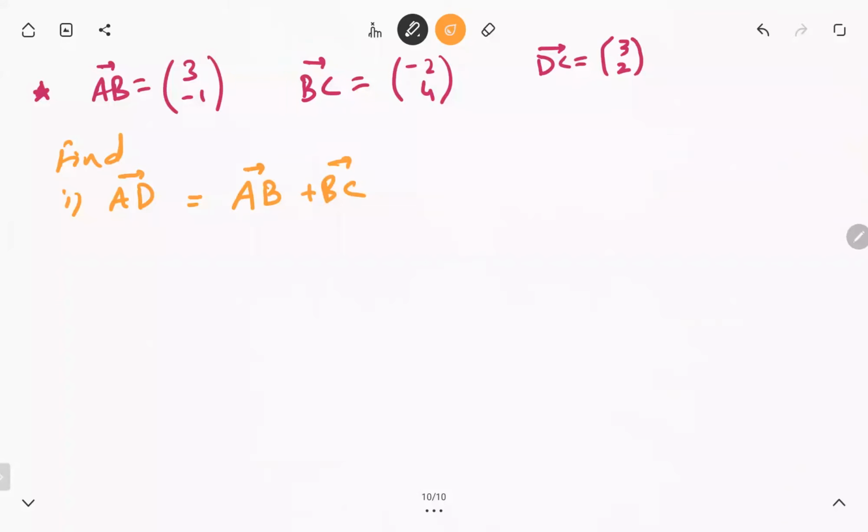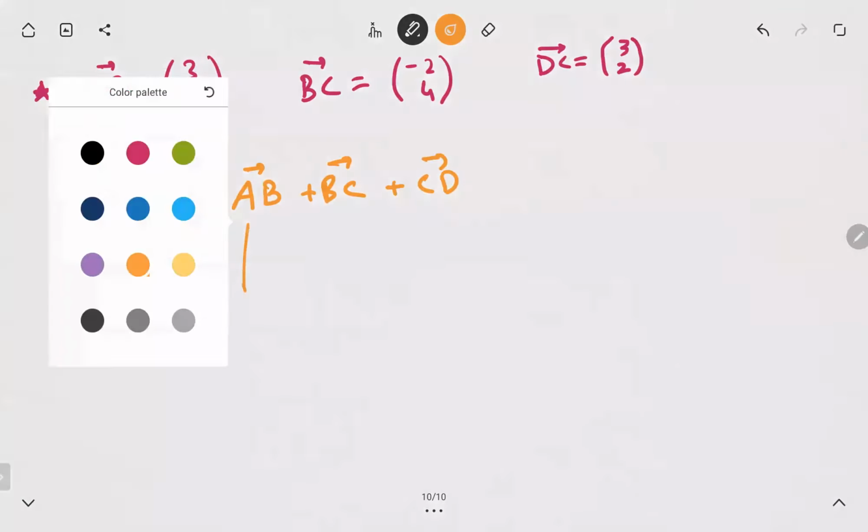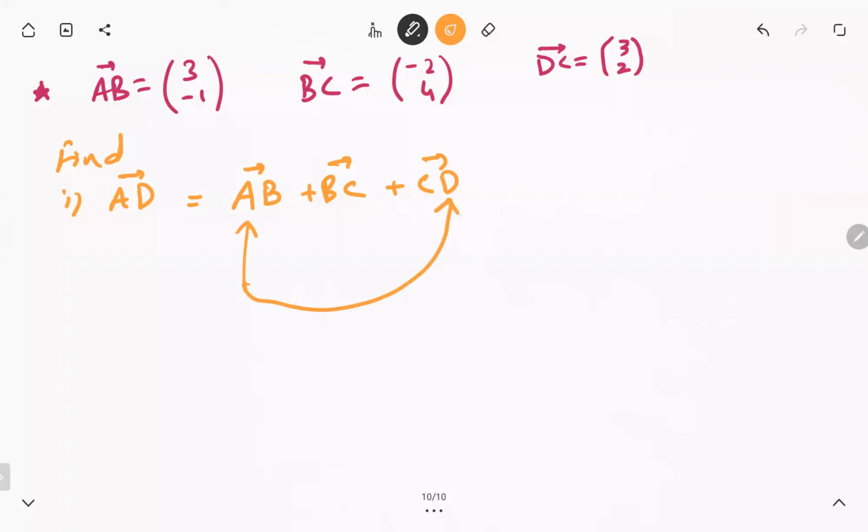Now we are at C. So from C we can go towards D. Because DC is given, we will reverse its direction. So now we are at D. So we started at A, and where did we have to go from A? D. So that is the path for vector AD: AB plus BC plus CD.